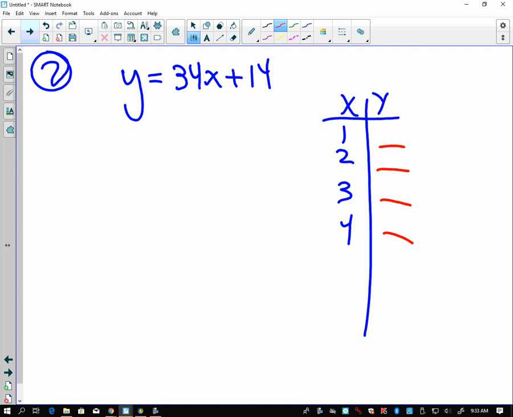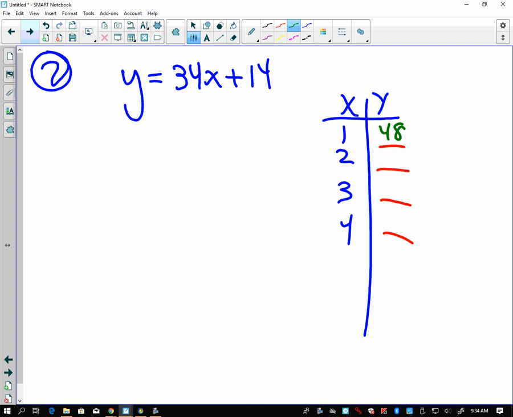Plug in what? Plug in my x values in my table. Where do I plug them in? Plug them in for x in the equation, and what am I solving for? My y values. Okay, so what's 34 times 1? What's 34 plus 14? 48. Okay, 48. And then what?